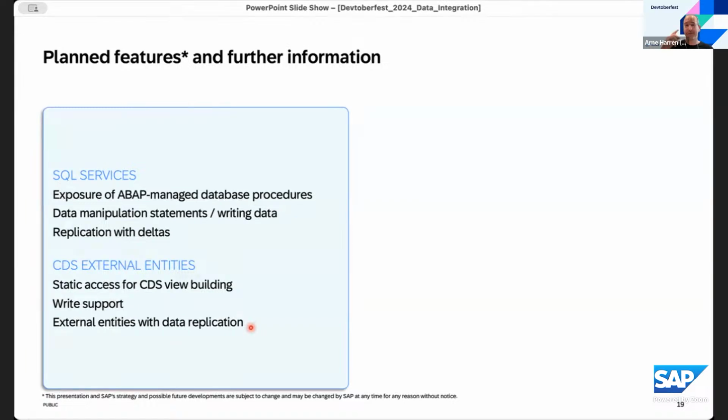Of course, you could also use CDS external entities to call back to some SQL services. It could even be the same system, although that doesn't make sense, but technically it would work like a loopback call.